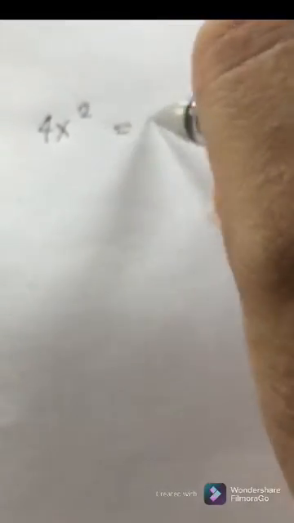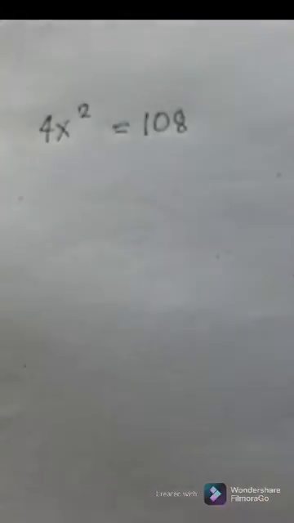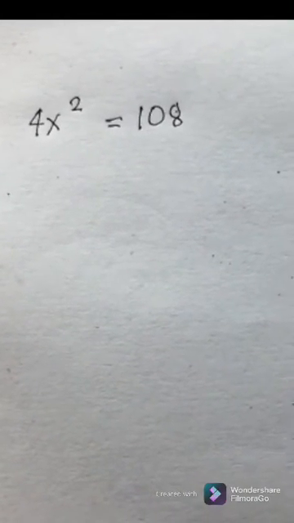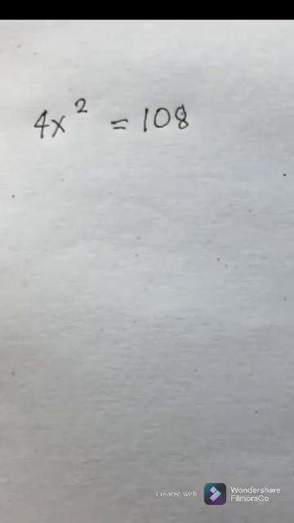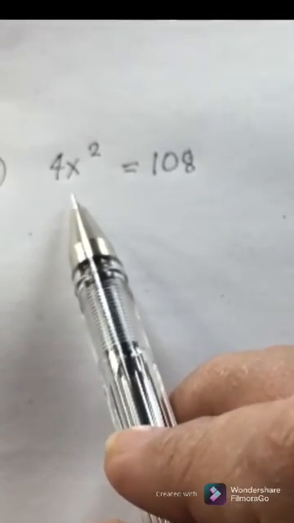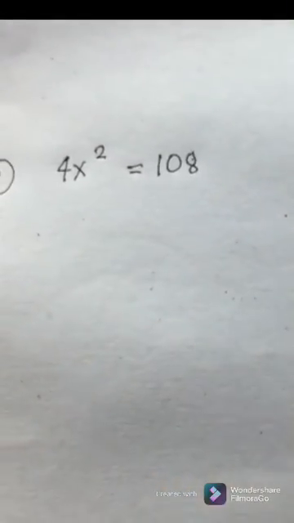So we have 4x squared, number 1, equals 108. So it was sad that when I checked your answer sheets, I discovered that some of you, this coefficient 4, you actually subtract this to 108, which is wrong.